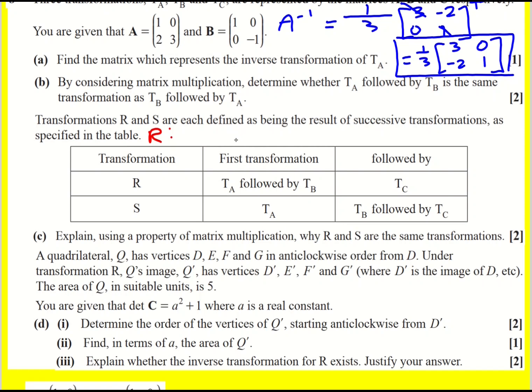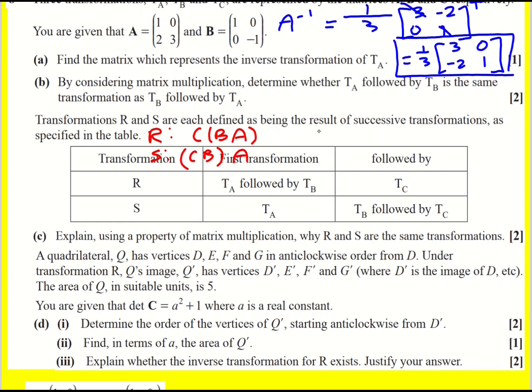A would be on the right, and then would be followed by B, and then followed by C. Whilst for S, we've got TA, so A applied first, and TB followed by TC, the CB in a bracket.